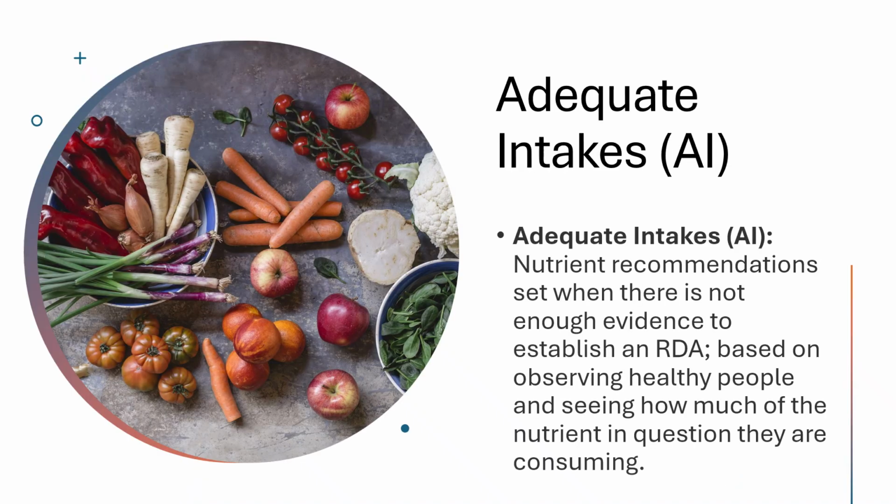Adequate intakes, AI. These are nutrient recommendations set when there is not enough evidence to establish an RDA, based on observing healthy people and seeing how much of the nutrients in question they are consuming. An AI is less accurate than a recommended dietary allowance, RDA.